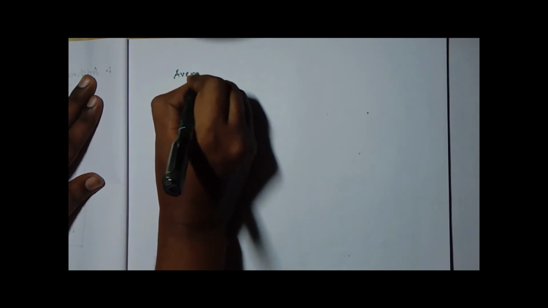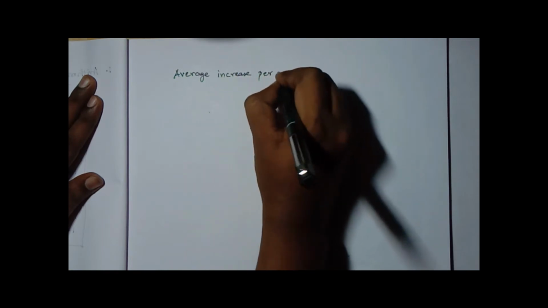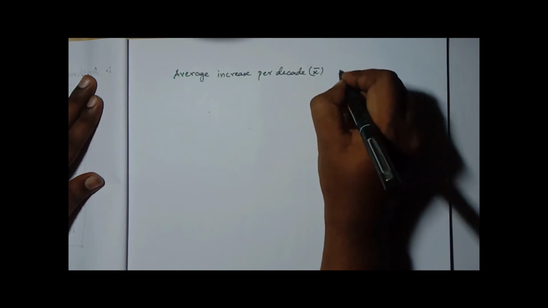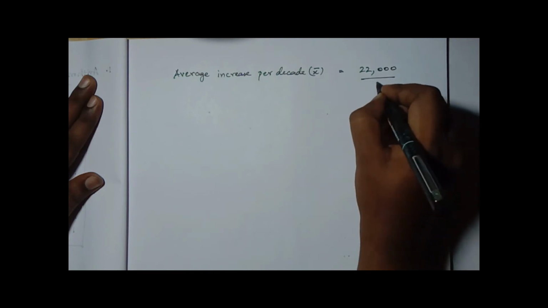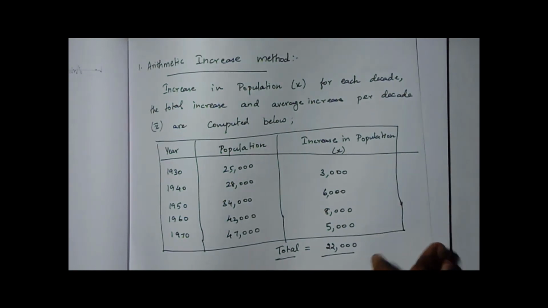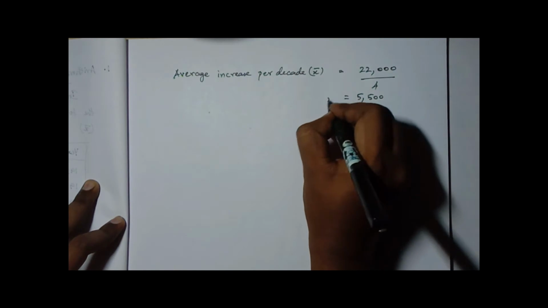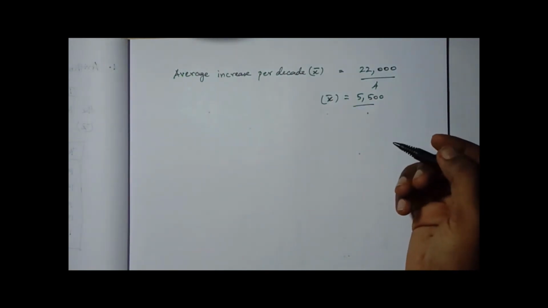The average increase per decade, which is known as x dash, is equal to 22,000 divided by 4, since we had 4 differences in the earlier sums: 3,000, 6,000, 8,000 and 5,000. So 22 divided by 4 we get 5,500. So the x dash value, which is the average increase per decade, is 5,500.